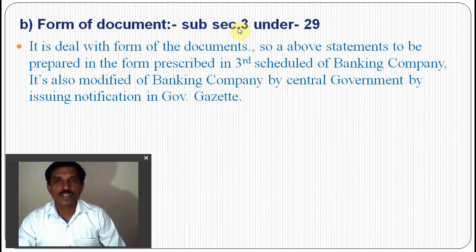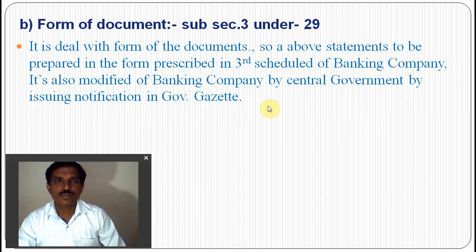Form of the document, subsection 3 under section 29. It deals with the form of the document. The above statements are to be prepared in the form prescribed in the third schedule for banking companies. It can also be modified for banking companies by the central government by issuing a notice in the government gazette.